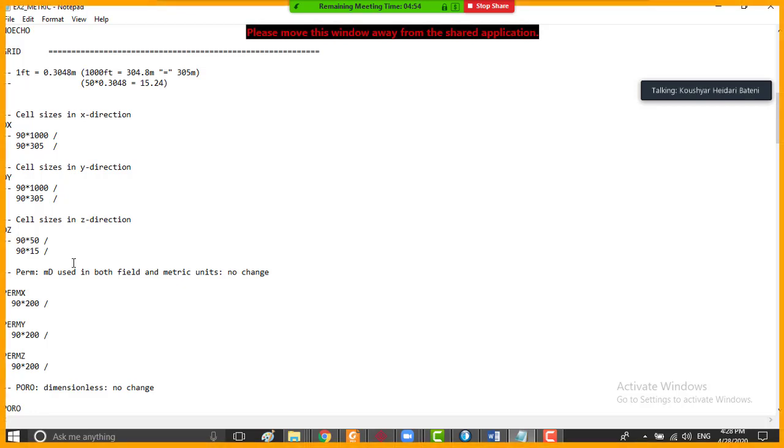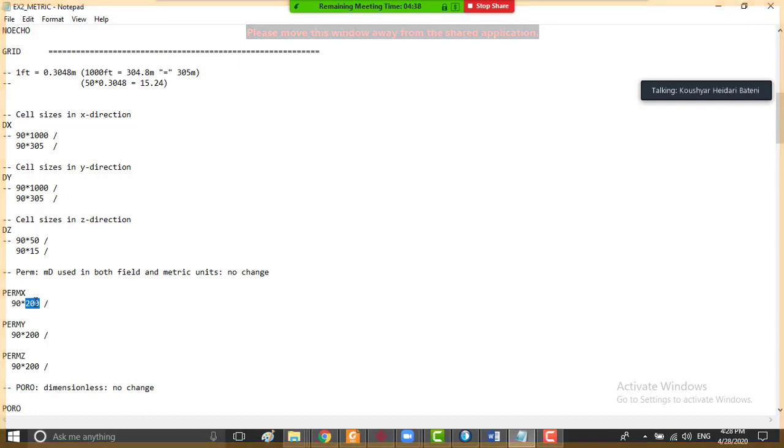Now we know that the rock properties that are given to us tell us that the permeability in the x direction is equal to 200 millidarcies everywhere in the reservoir. So for each one of those 90 matrix blocks, I have to write 200 millidarcies once.